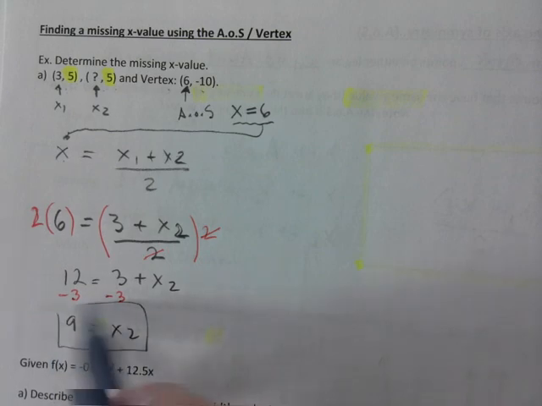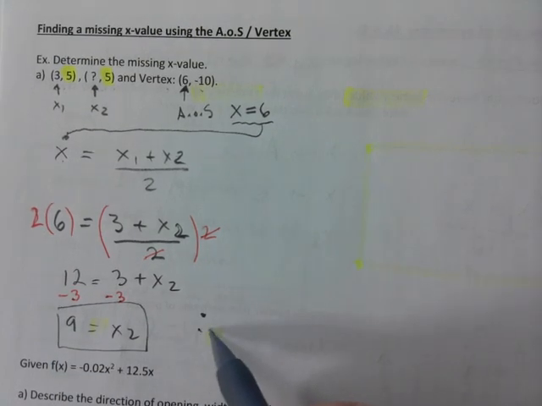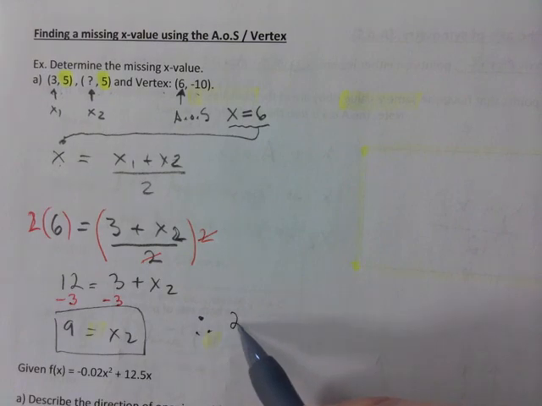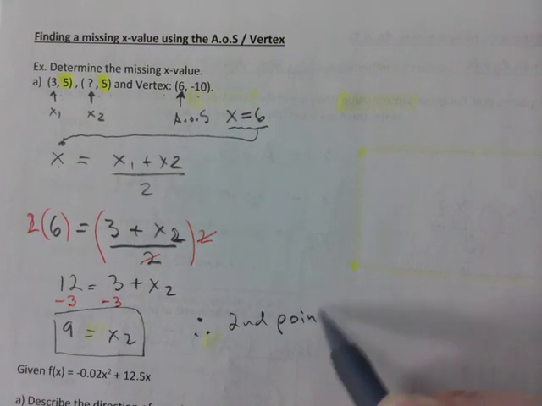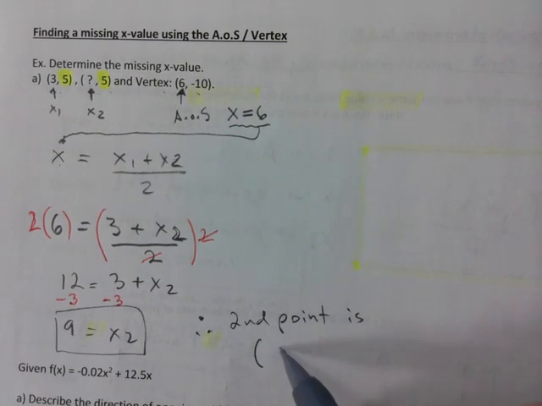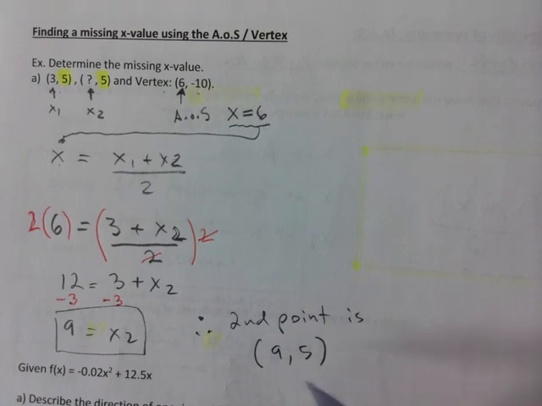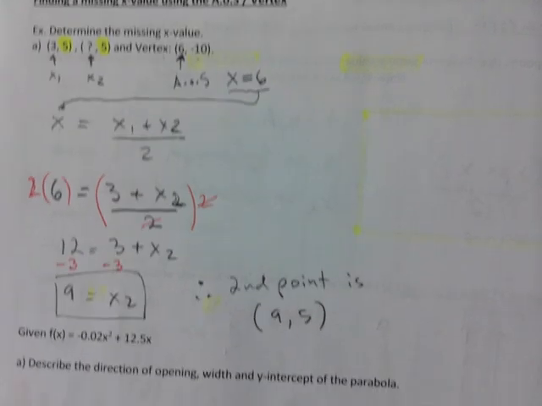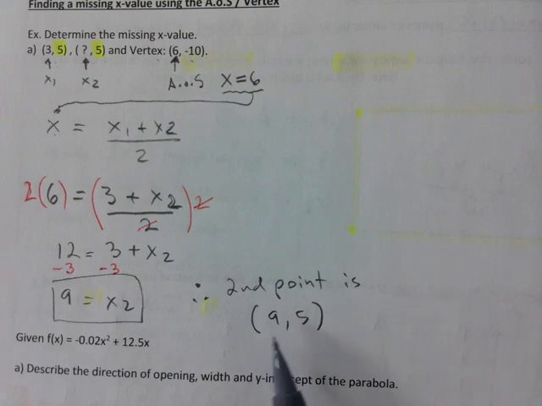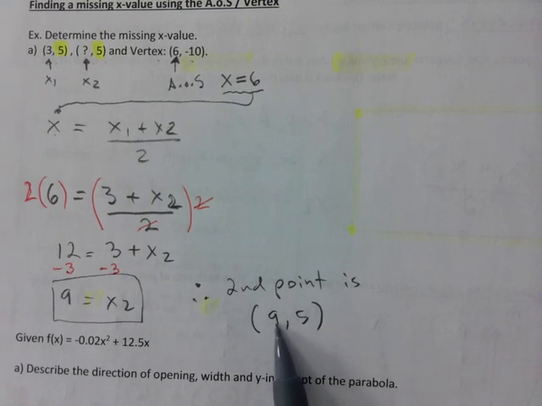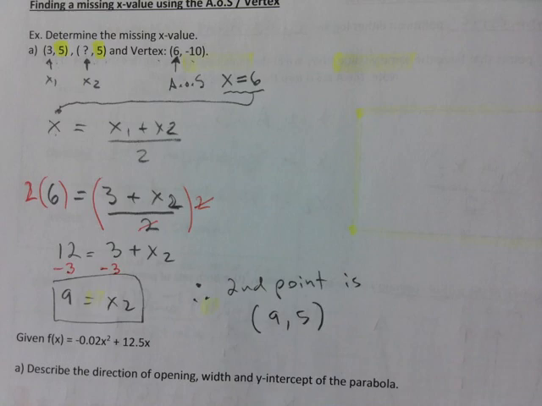Okay. Therefore, the second point is 9, 5. Okay. You just found that second point that we didn't know the x value for. That had a question mark here. We now know what it is.